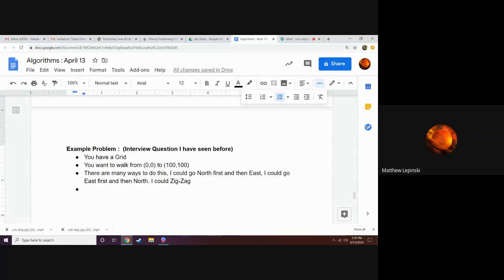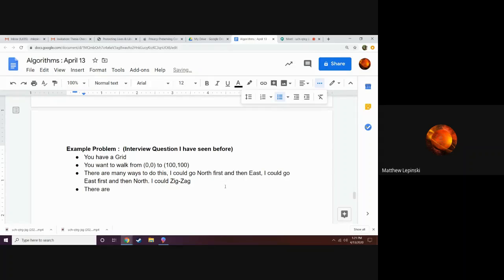I need to go 100 blocks east and 100 blocks north. I could go east to north, east to north, east to north, or I could go a bunch of east and then all the way north and then finish up by going some more east. So there are lots of ways that you can walk through a grid from point 0, 0 to the point 100, 100.